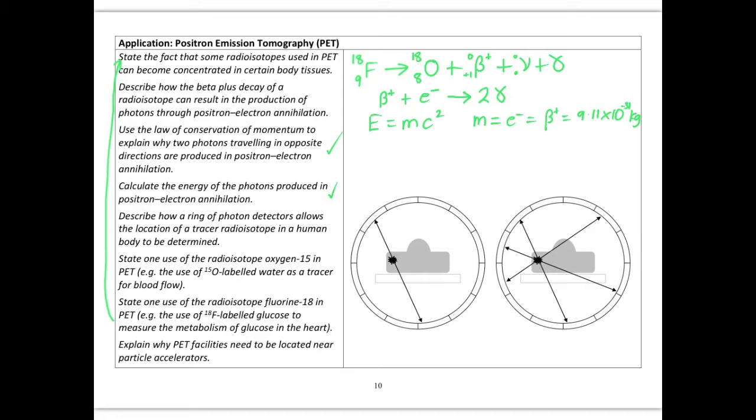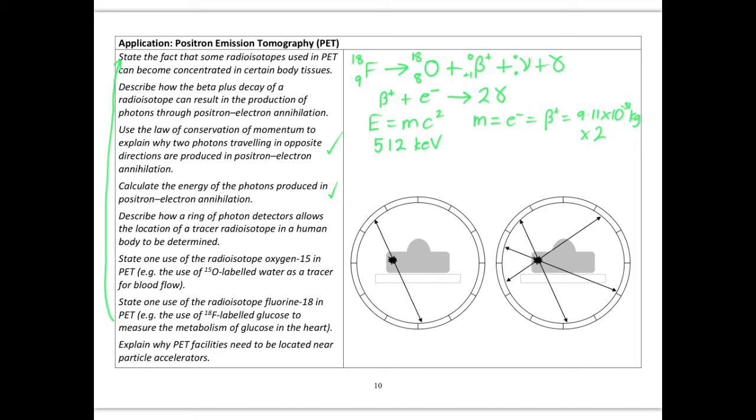We have 2 of those, so basically we times that by 2. We plug that back into the formula, and I can't be stuffed working it out, but from memory, and I'm sure Hannah's going to tell me if I get this wrong, you work out that there is about 512 kilo electron volts of energy in each photon. So both photons have that amount of energy heading in opposite directions. I want you to try and calculate that just to see if you can prove if I've made a mistake or not.